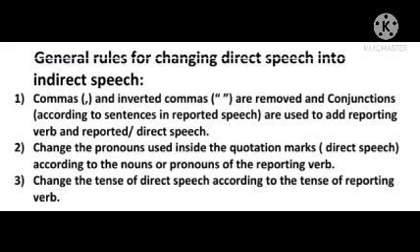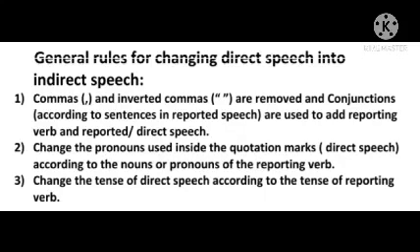So now let's see general rules for changing direct speech into indirect speech. First thing that we have to do is to remove commas and inverted commas. And second, we have to use conjunctions to add a reporting verb with the reported speech.